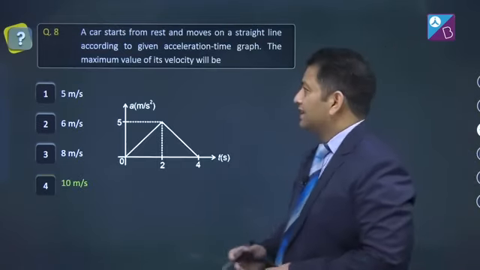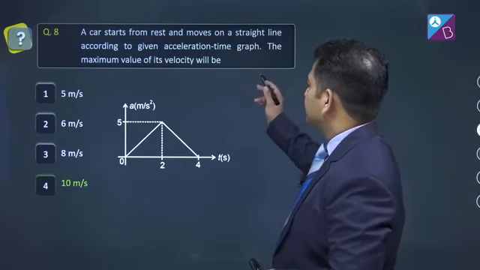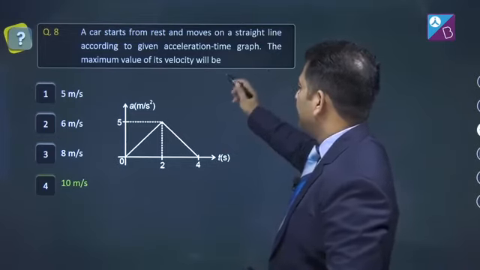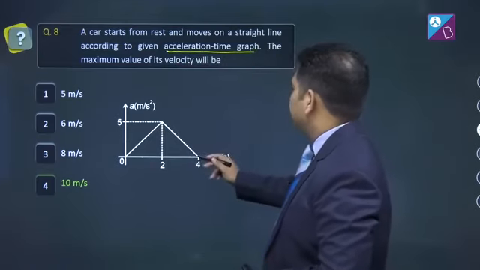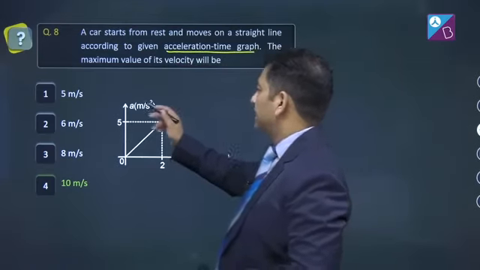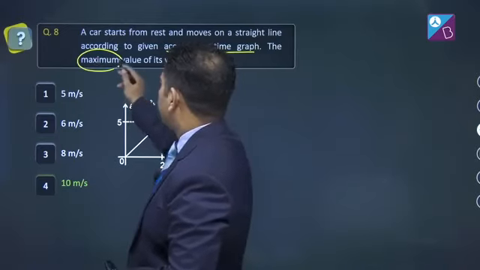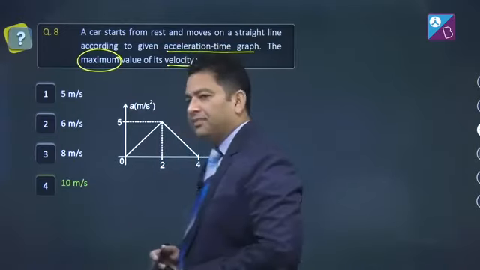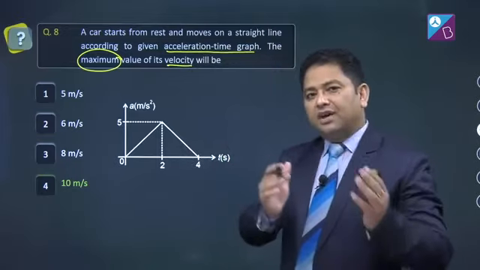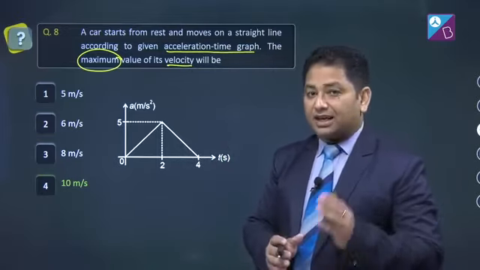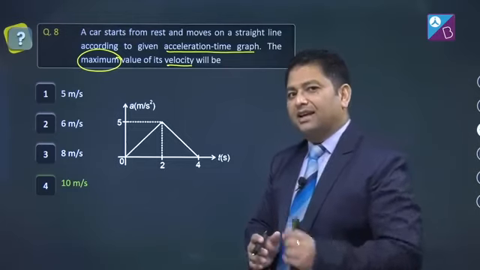What does it say? A car starts from rest and moves on a straight line, and it is given with the acceleration time graph. Humein calculate karna hai maximum value of velocity. Now the first thing is, acceleration ki madad se if you have to calculate velocity, toh kya karte hain? Area nikaalte hain, right?